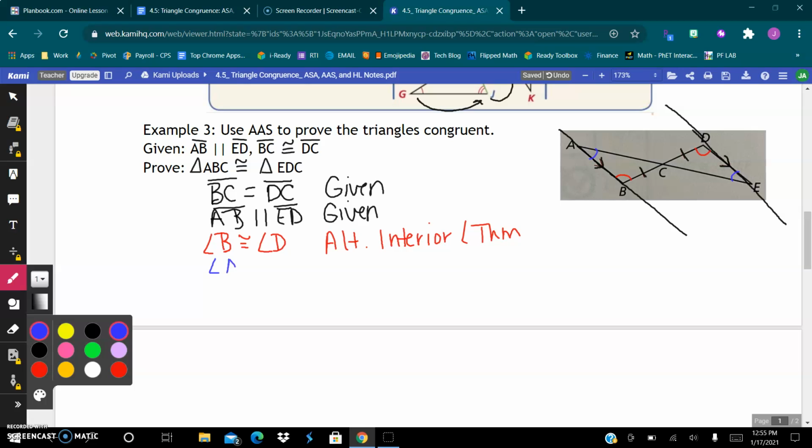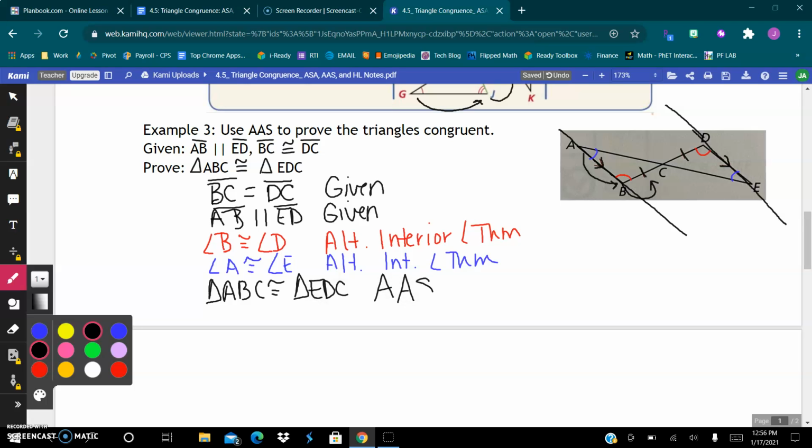So angle A is congruent to angle E because of the alternate interior angle theorem again. Then we have angle, another angle, and then a side. So we can prove that triangle ABC is congruent to triangle EDC by angle-angle-side.